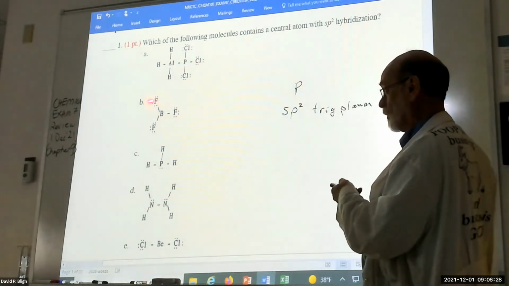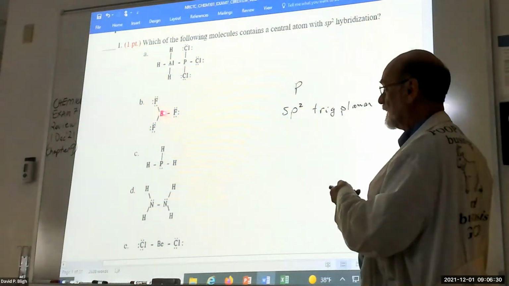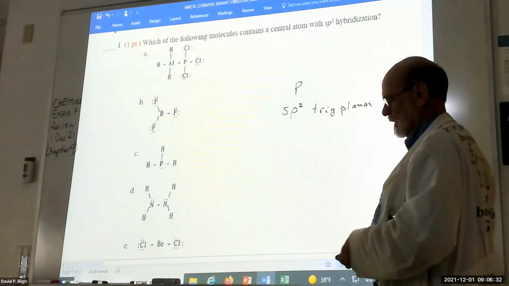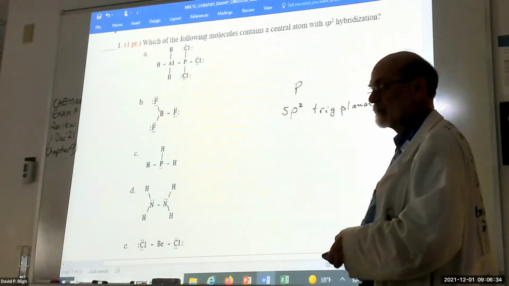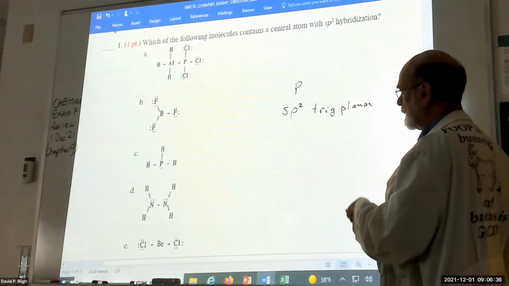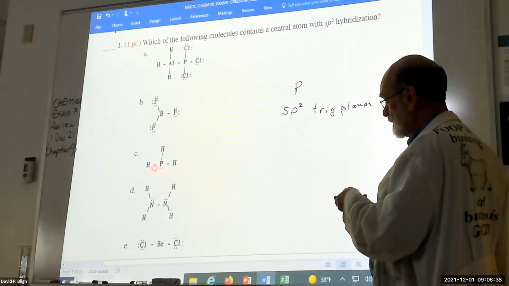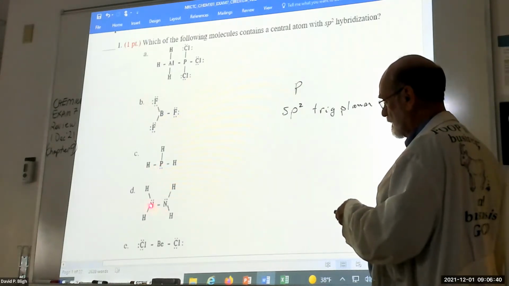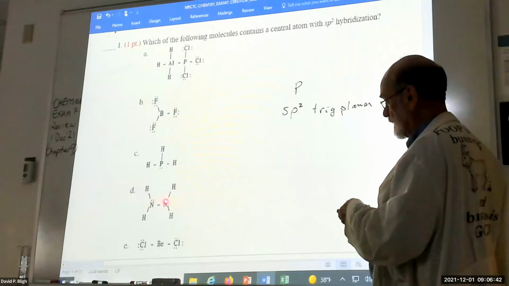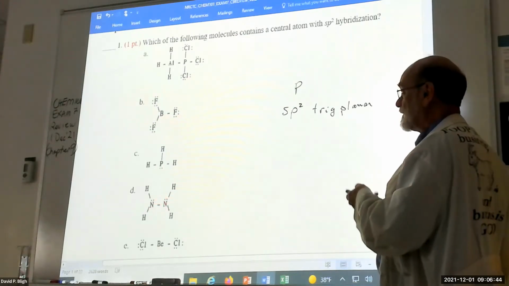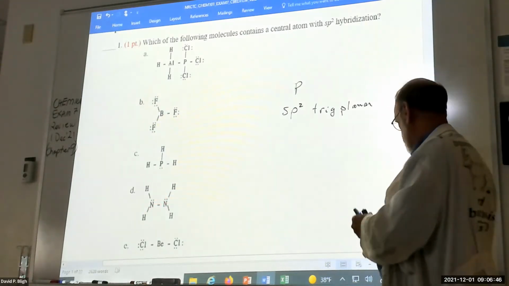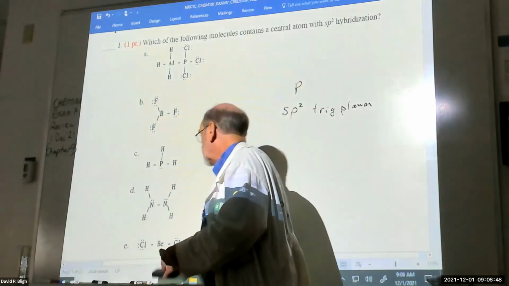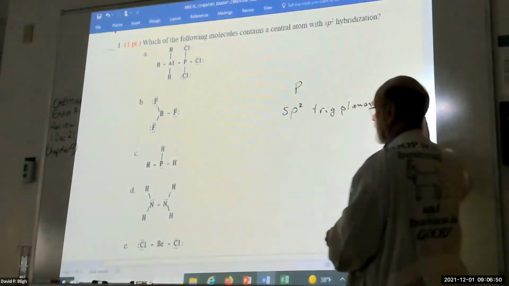That one works, 1, 2, 3, but it's octet deficient. This one has 4, see that extra lone pair down here. And this one has 1, 2, 3, 4 around each nitrogen. So B is the only possibility for sp2 hybridization here.